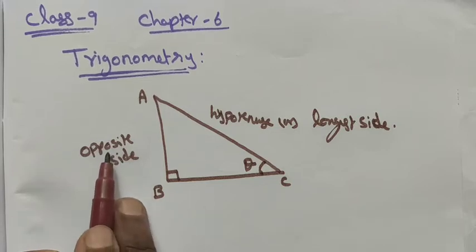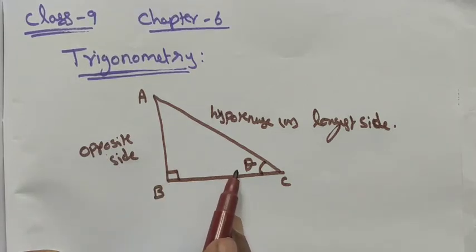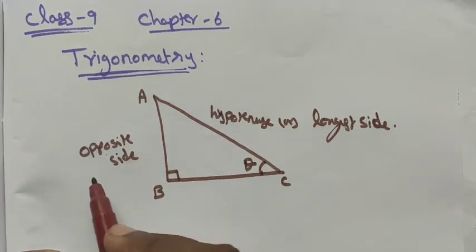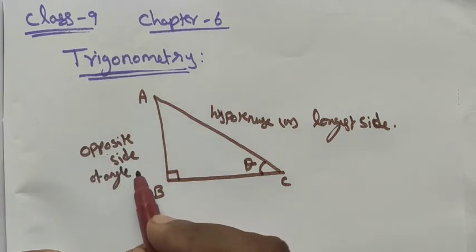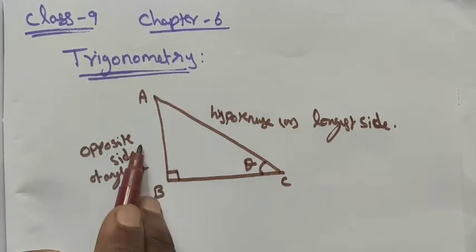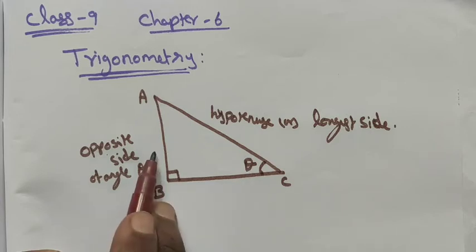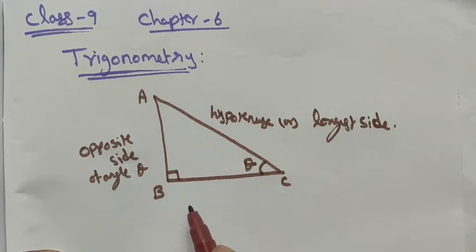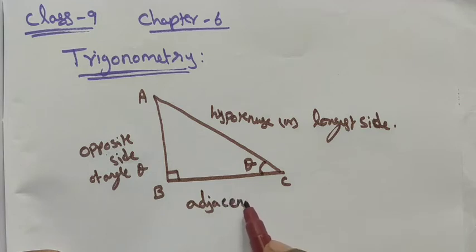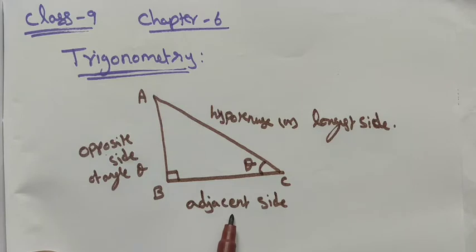Opposite side means opposite side of angle theta. Then the remaining side is the adjacent side.